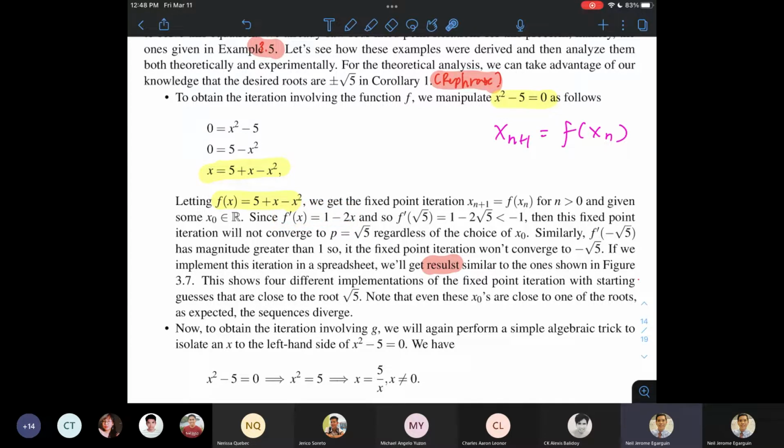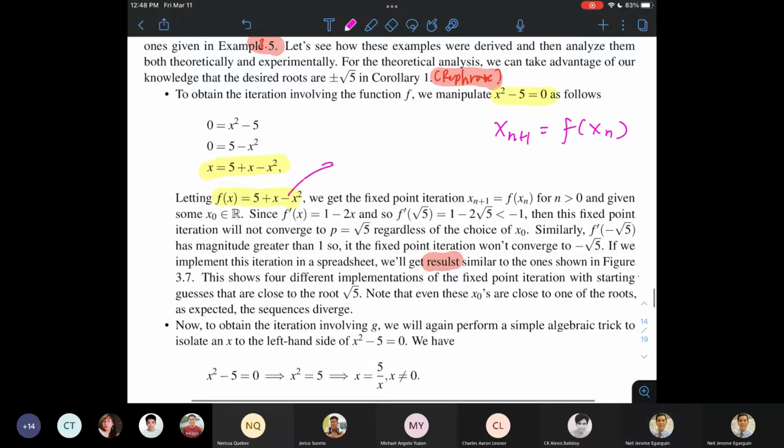Luckily, in this example, we know what p is. We know that square root of 5 is a fixed point ni f. So, ang gagawin ko, plug in ko si root 5 kay f prime. And what I'll get is this number, which is less than negative 1. So yung absolute value ni f prime of root 5 ay greater than 1.